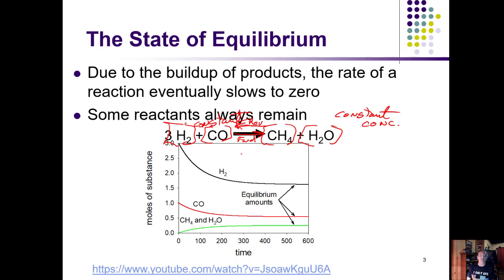So the net rate forward and reverse could be considered to be zero, because the reactant concentration is no longer getting lower, and the product concentration is no longer getting higher. All these concentrations are remaining the same.